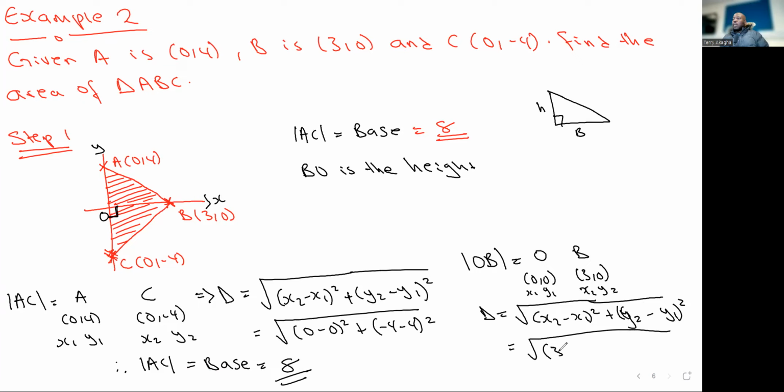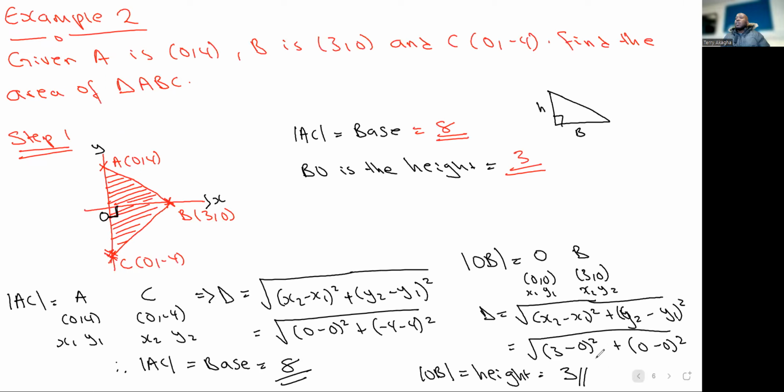So it's going to give us 3 minus 0 all squared plus 0 minus 0 all squared. Then OB, which is the height, is 3 squared, which is 9. The square root of 9 is 3. So the height for this is equal to 3.